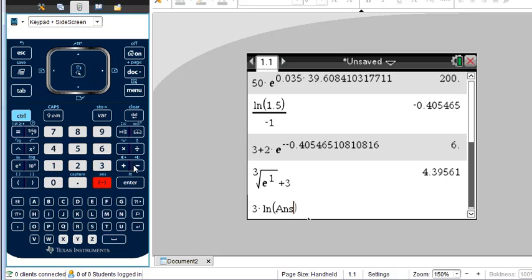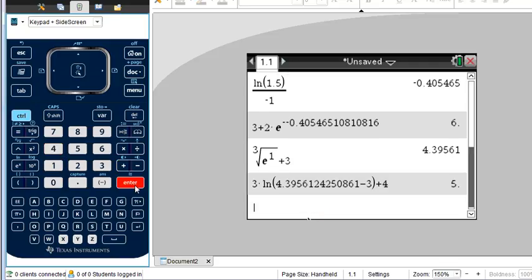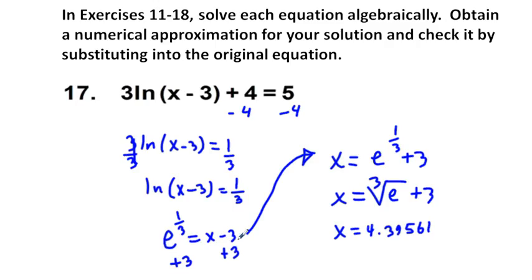Okay, minus 3 in parentheses, and then outside the parentheses, plus 4, which should get that right side, which is going to be 5. And going back, we see that, yes, that does check.